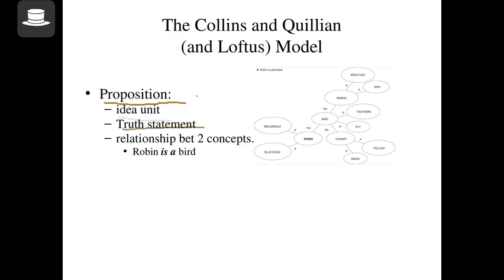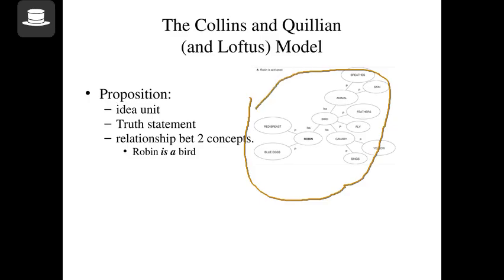Now, you can think of semantic network or the semantic memory. We are talking about conceptual memory here, so it applies to the other one also. But the semantic memory can be defined as, well, structurally, semantic memory is a network of concepts. Well, remember, any two concepts with a connection is a proposition.